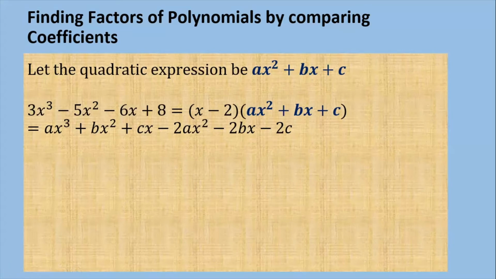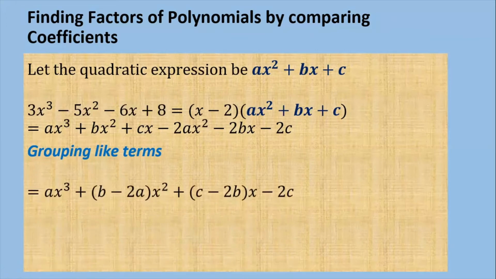Well, you need to group like terms. Okay, where are the like terms? I see x squared here and x squared there, so we can group them. cx minus 2bx, we can group that as well. So we will have ax cubed plus (b minus 2a) times x squared plus (c minus 2b) times x minus 2c. Okay? Right.